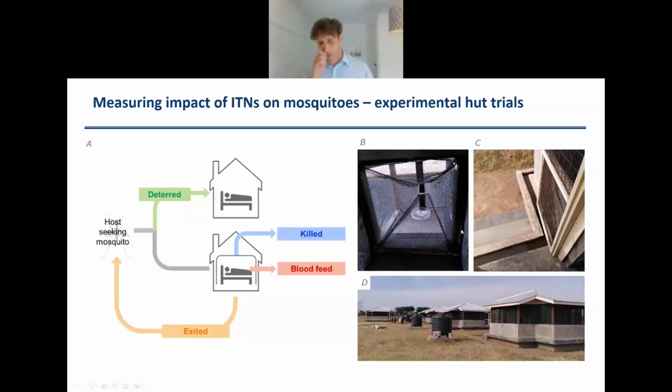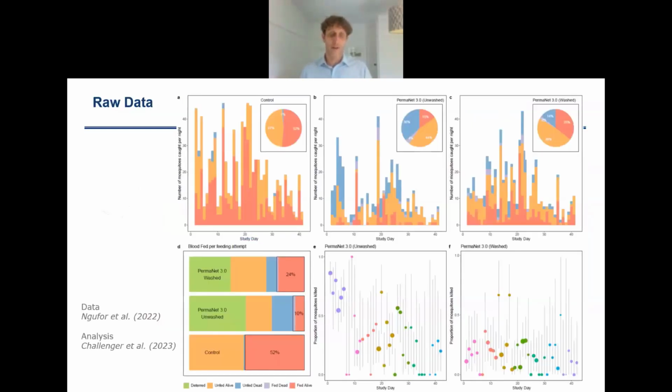And so the idea is that somebody sleeps underneath this bed net each night. Mosquitoes naturally enter, and then they get killed by the bed net, or they blood feed, or they exit, and we can use this information to determine what's going on. So this gets us some really nice raw data like this, and we can see here the number of mosquitoes caught per night.